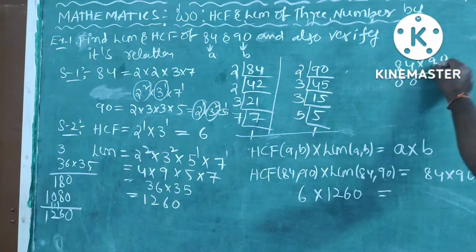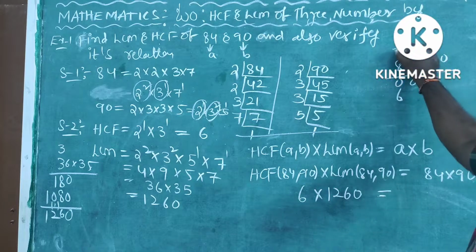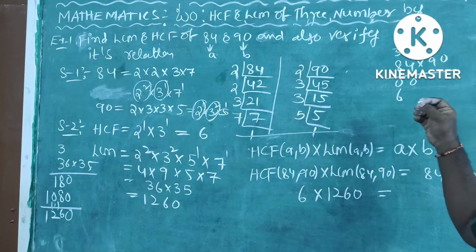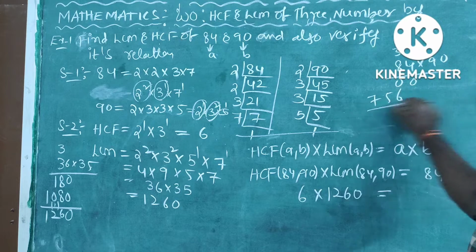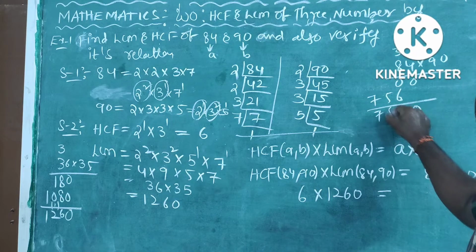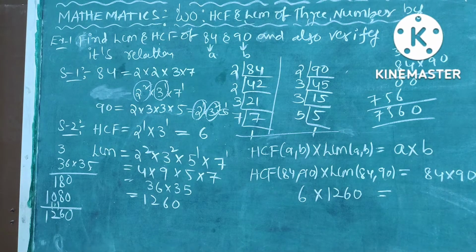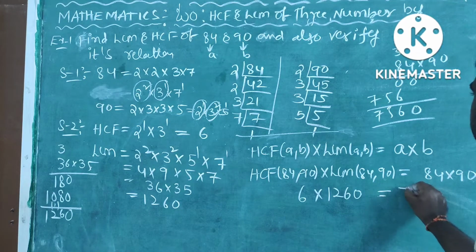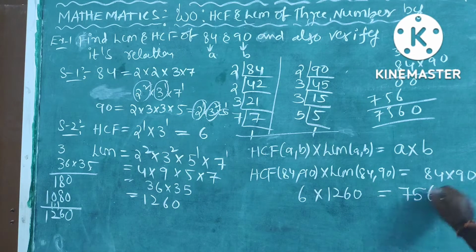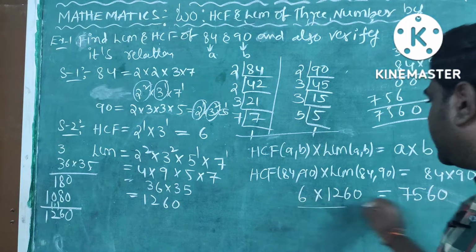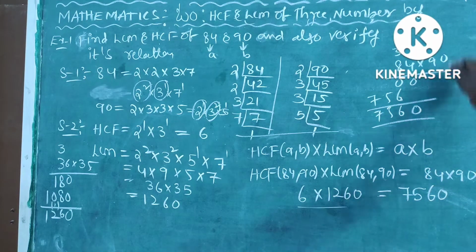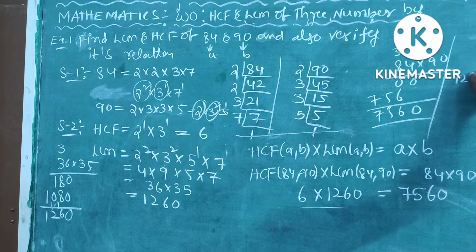0 times 4 is 0, 0 times 8 is 0. 9 fours are 36. 3 carry. 9 eights are 72 plus 3 is 75. Which is nothing but 7560. So here we got 7560. Now multiply 1260 by 6. 6 times 0 is 0. 6 sixes are 36. 3 carry. 6 twos are 12 plus 3 is 15. 6 ones are 6 plus 1 is 7.